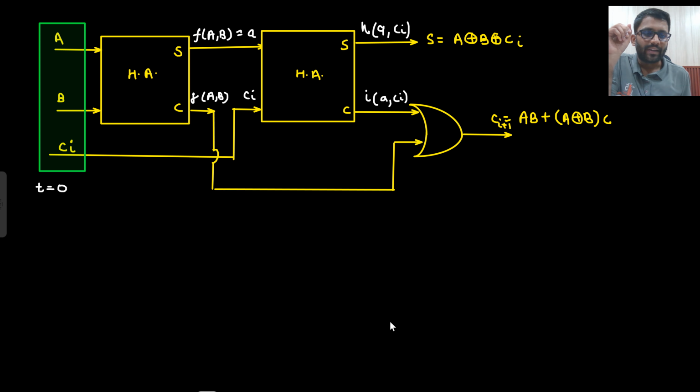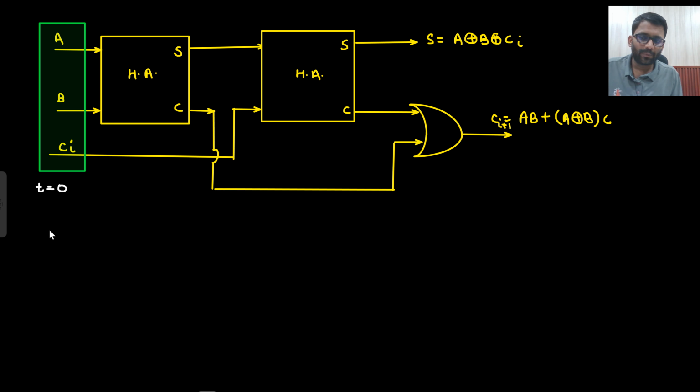So what do you understand by that? That this output will depend on both of these inputs, and this output will depend on both of these inputs. Say yes or no, right? Now let's remove it. I just wanted to give you this point, that both outputs of a half adder will depend on both of the inputs.